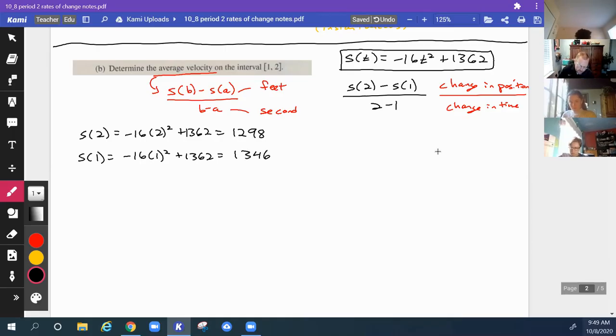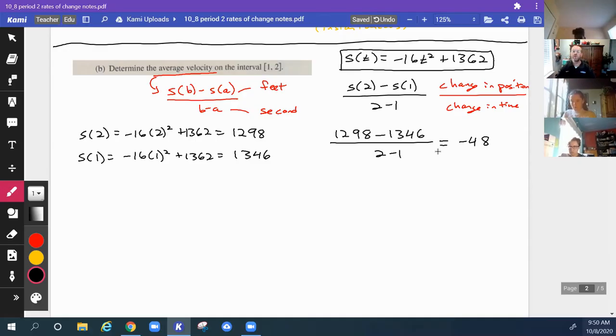Now I'm plugging these numbers in: 1298 minus 1346 all over 2 minus 1. Calculating those numbers gives me negative 48.